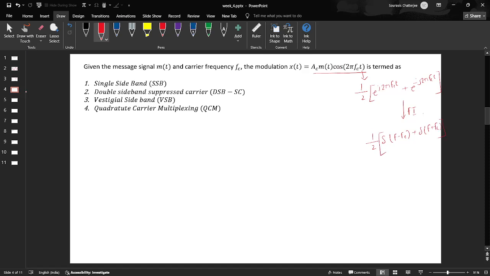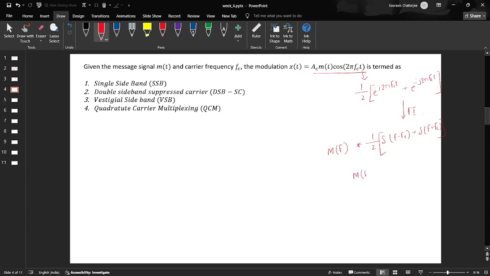Now since this is a multiplication in the time domain, in the frequency domain what we are going to see is convolution, right? If the Fourier transform of m(t) is M(f), the spectrum is M(f), then I am going to convolve M(f) with this.